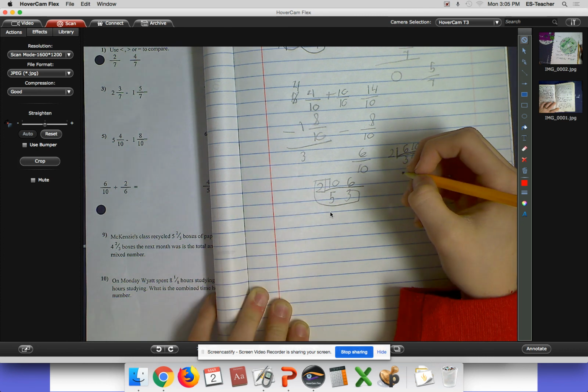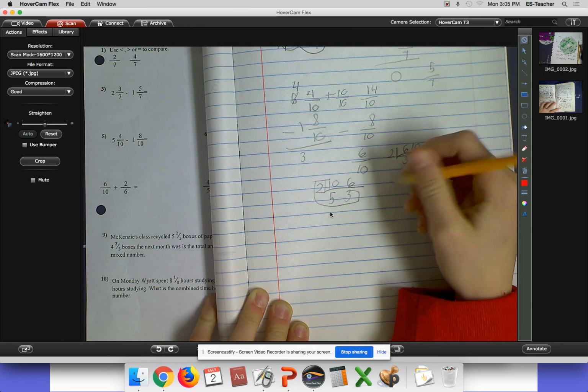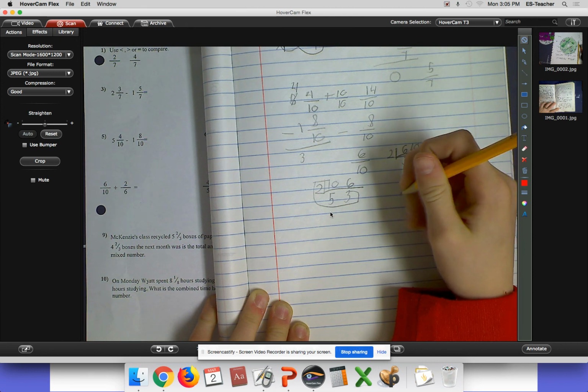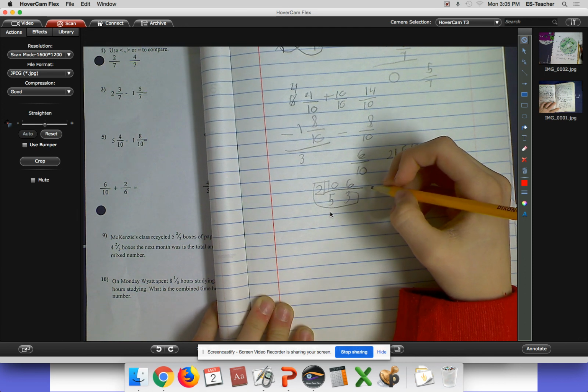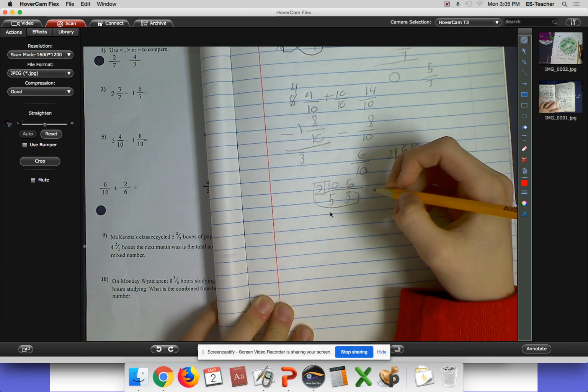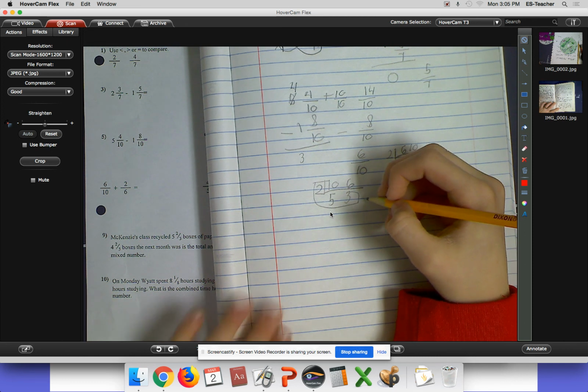What are you doing with those numbers? Multiplying them. Why? Because that's what you're supposed to do. Do you know why, though? Yeah, because you got to find the least common denominator. Because they're all prime, right? Yeah. Okay, so now you can multiply them.